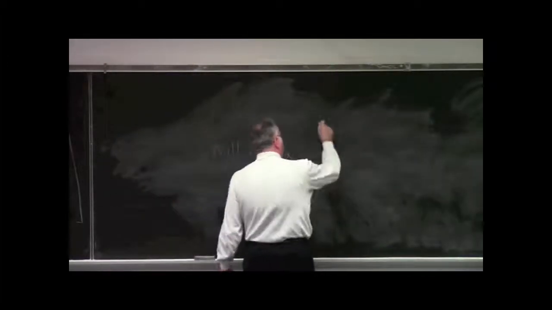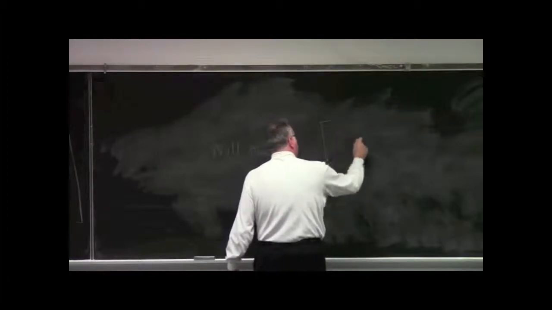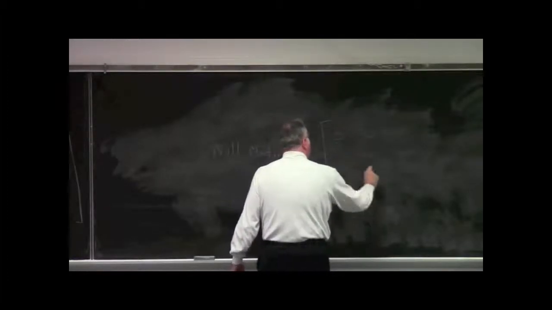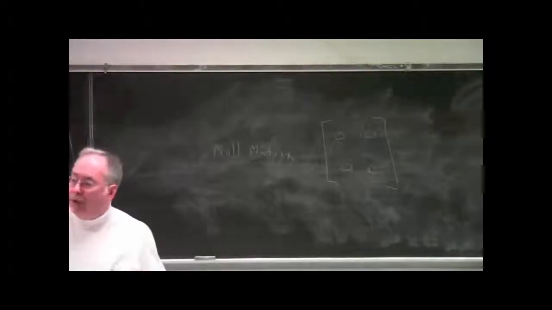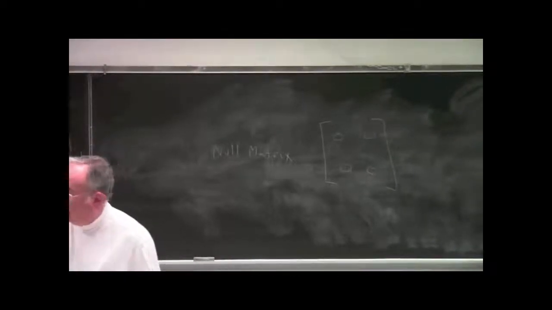A 2 by 2 null matrix would just be this: 0, 0, 0, 0. Obviously, if you multiply the null matrix times any other matrix, what are you going to get? 0. Yeah, you get the null matrix back. So the null matrix is just like the 0 in scalar algebra.